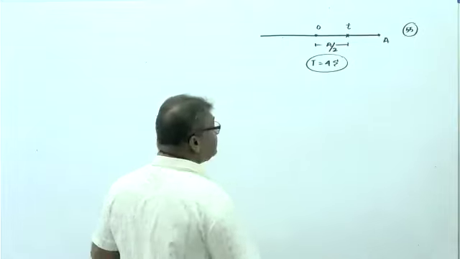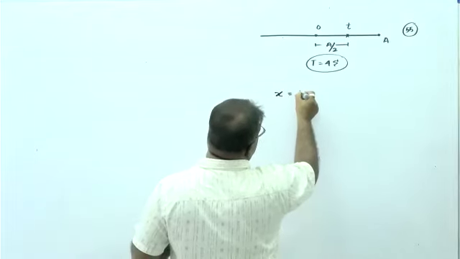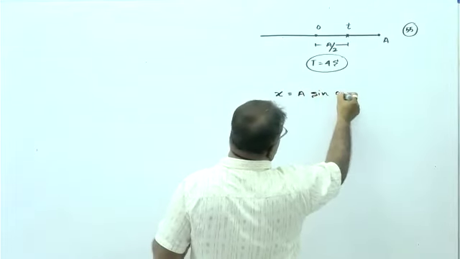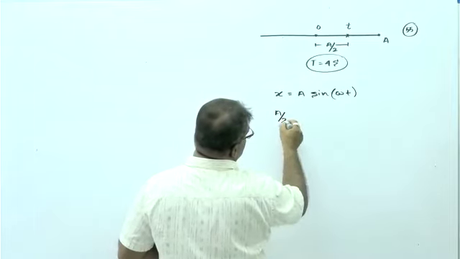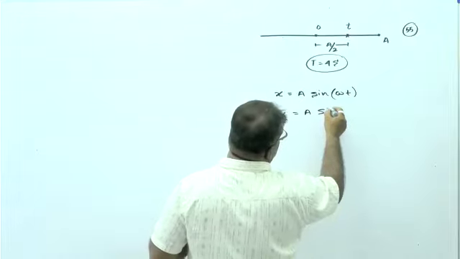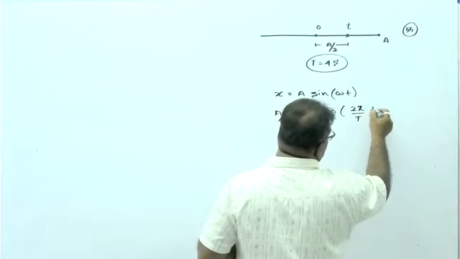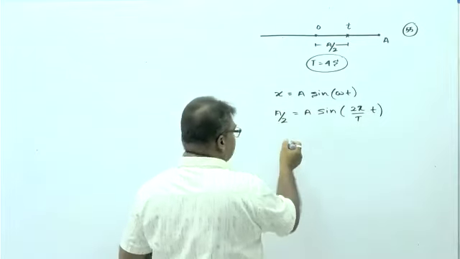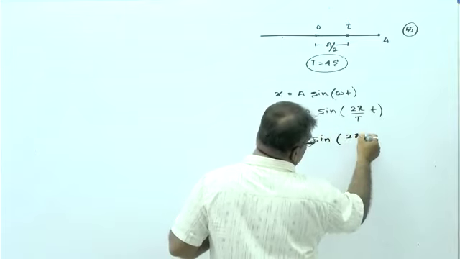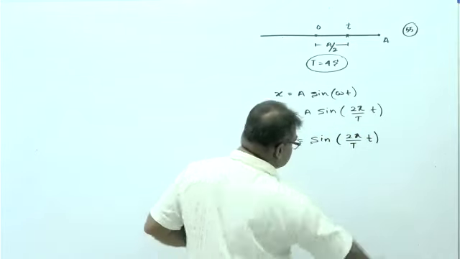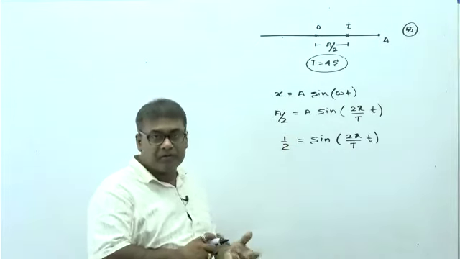Okay. To find that time, we can use x equals a sine omega t. Then we can say x is a by 2, so a by 2 equals a sine of 2 pi over T into t, right? A cancels, so half equals sine of 2 pi over T into t. The inverse sine of half, that is 0.5, no?